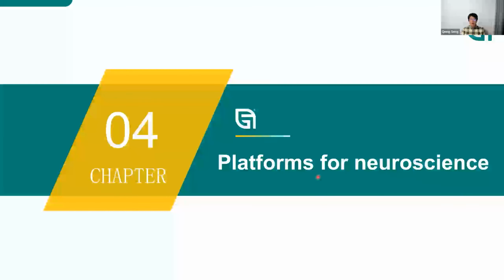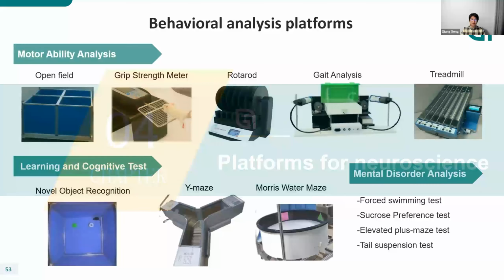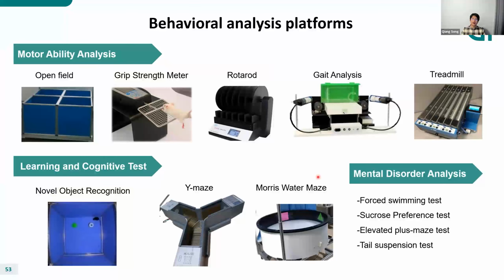At the last part, I would like to give a brief introduction about our platform for neuroscience studies. We have a comprehensive behavior analysis platform for motor ability analysis, such as open field, grip strength, and even gait analysis.